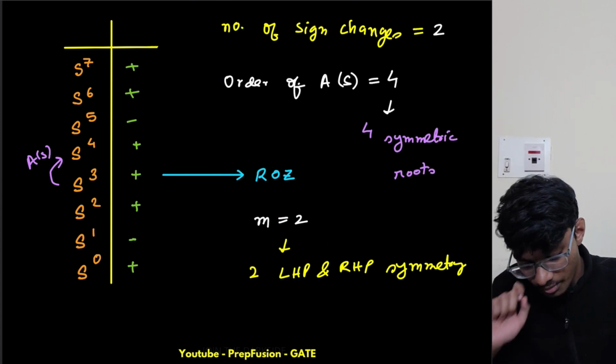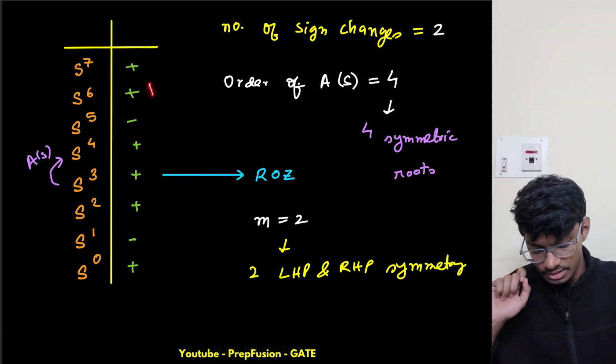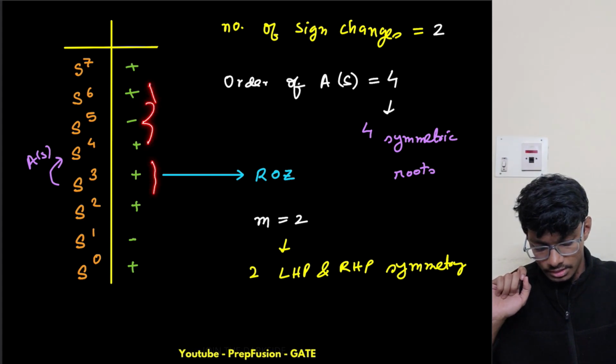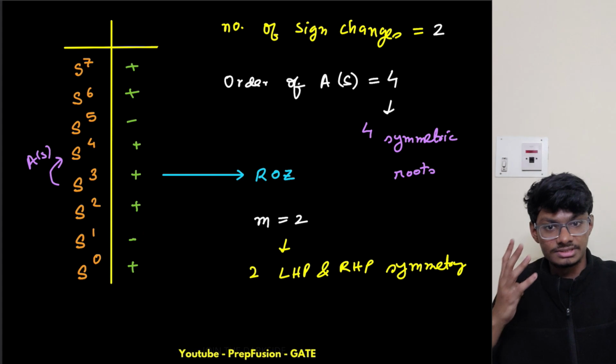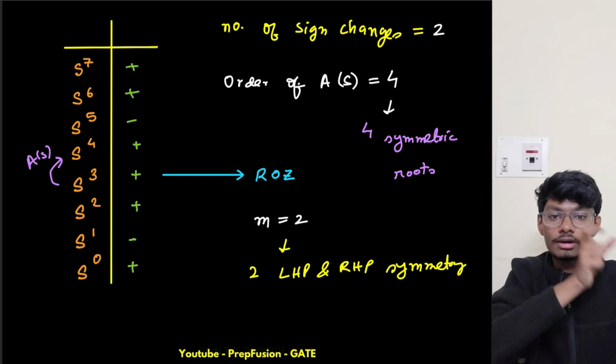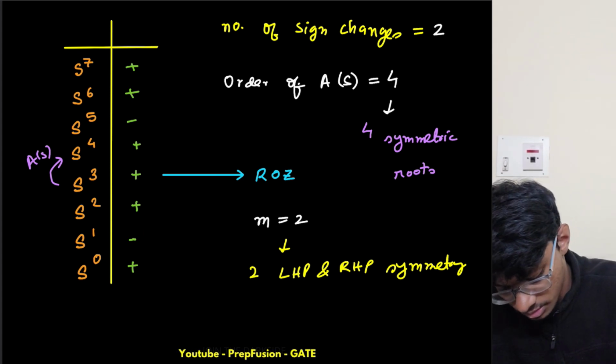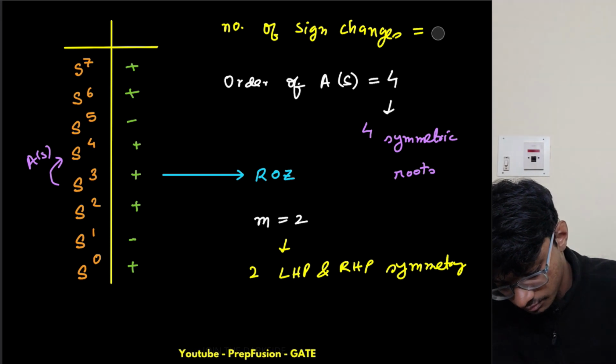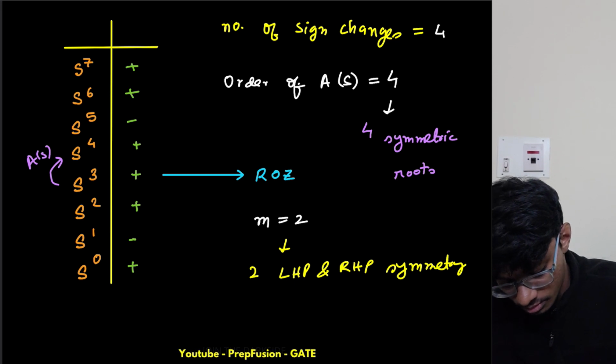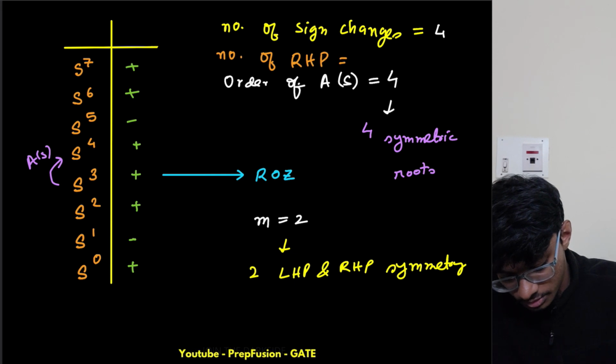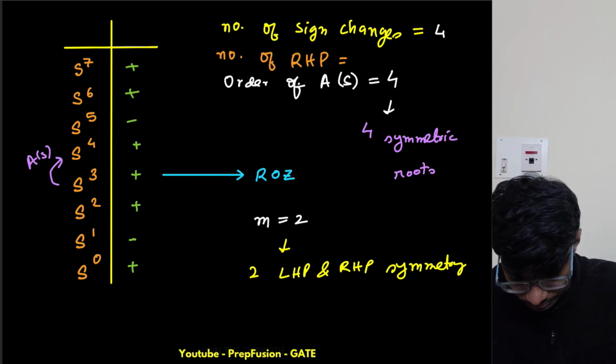So how many sign changes do we have? Again I see 1 sign change, 2, then 3, 4. So the number of sign changes is 4. So I will have 4 right half plane poles. So the number of right half plane poles equals 4 itself.